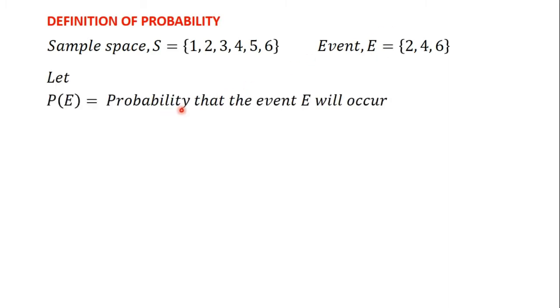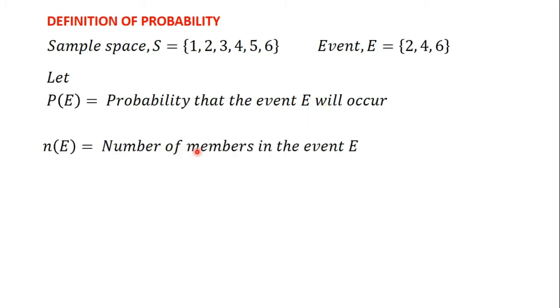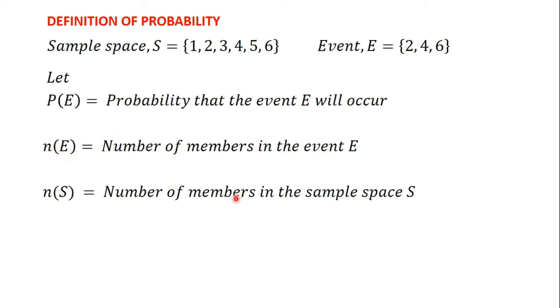Let's represent the probability that E will occur with P(E). So P(E) is equal to the probability that the event E will occur. The number of members in the event E is represented with N(E), and the number of members in the sample space S is represented with N(S).